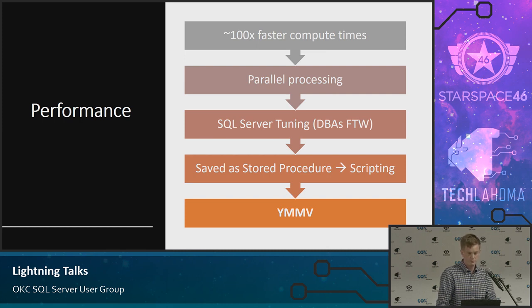Then you can obviously do some tuning on those queries and your stored procedures that get wrapped up with those R scripts, so they get saved as stored procedures. I haven't done any benchmarks on this, so your mileage may vary, but it's definitely going to be a significant performance increase if you're doing it through the server.